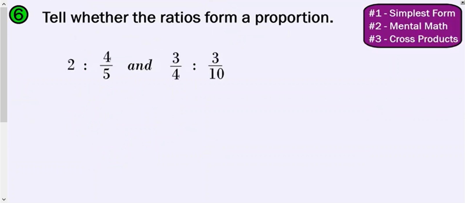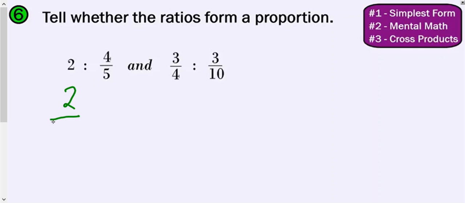All right, now we're going to look at a couple more ratios to see if they form a proportion. We have 2 to 4/5 and 3/4 to 3/10. I'm going to use cross products to tell whether we have a proportion. First, I'll put them in fraction form.